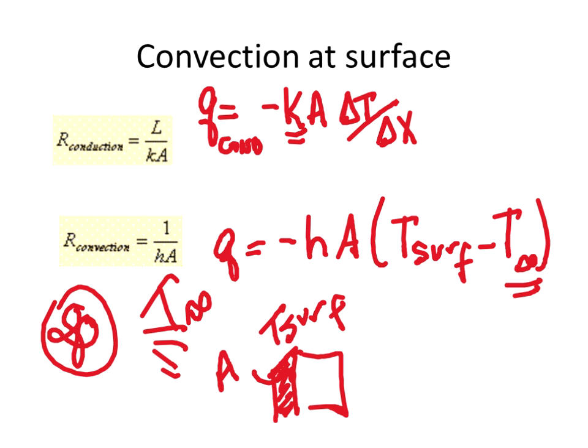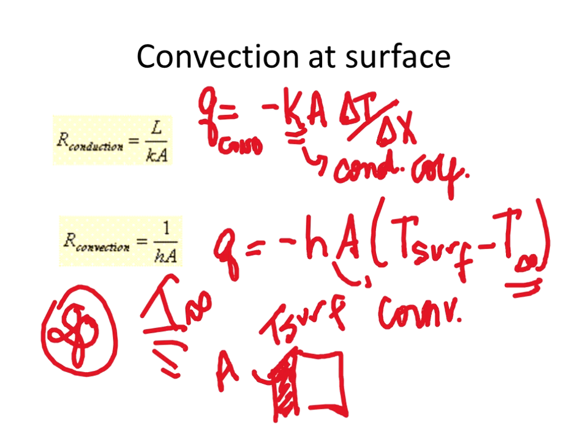So K is the conduction coefficient, and H is the convection coefficient. Okay? So I hope that clarifies.